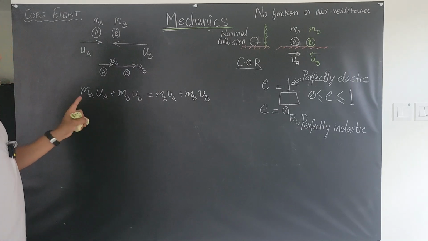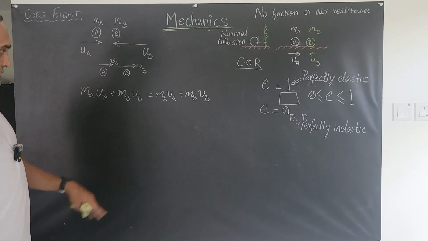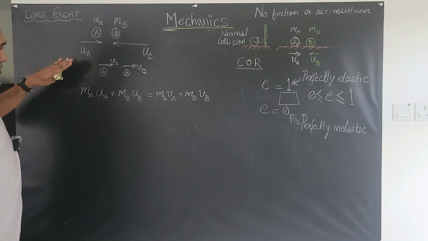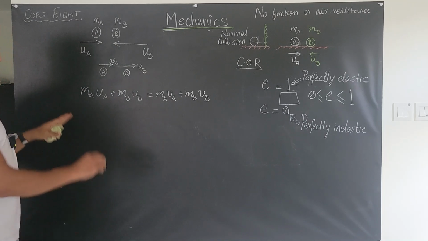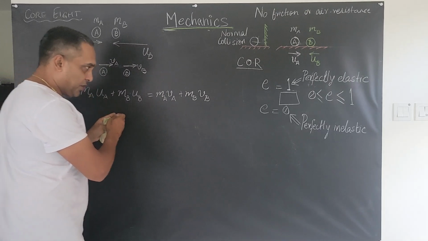All right? Now let's also write the equation that relates to restitution, right? And they are both treated differently. Momentum is with velocity. Velocity is a vector with direction.